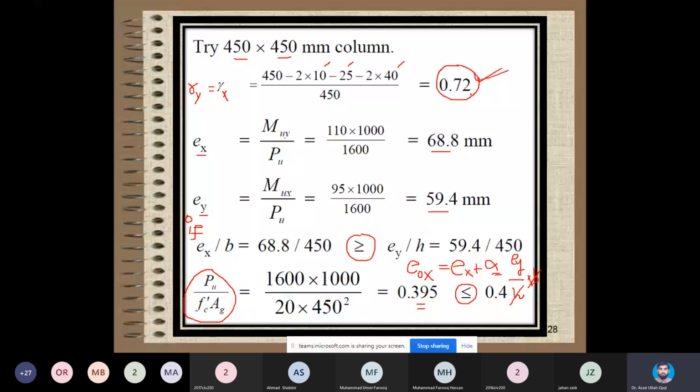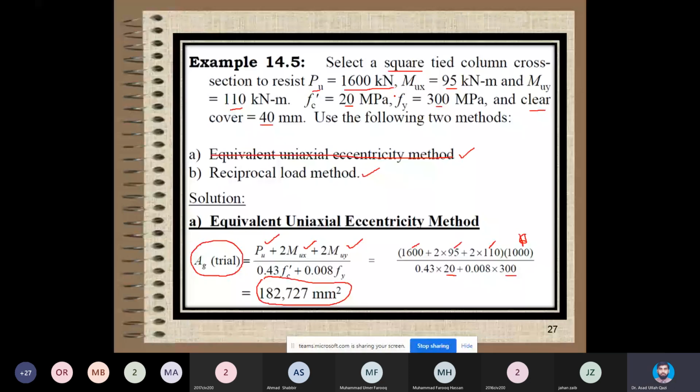Now since it is reciprocal load method, not just calculation of gamma and sizing it to 450 by 450, reciprocal load method will also demand that tentatively select some reinforcement ratio and sketch your column accordingly, and for that column calculate the capacity. If that capacity will be bigger than 1600 kilonewton, then your selected cross section will be okay.